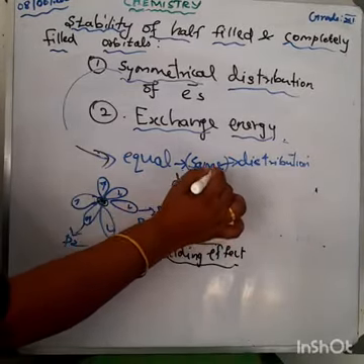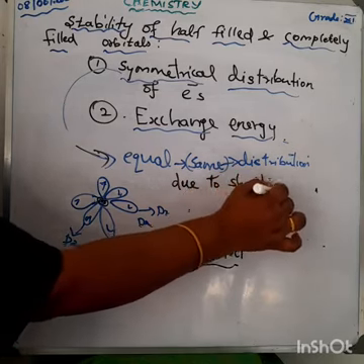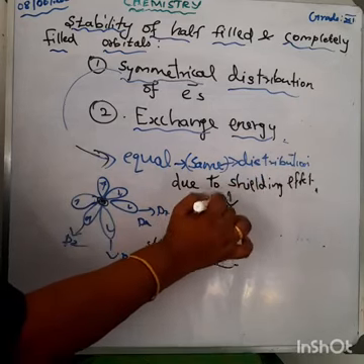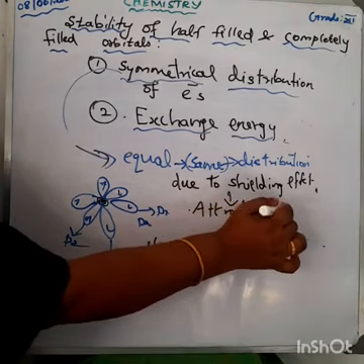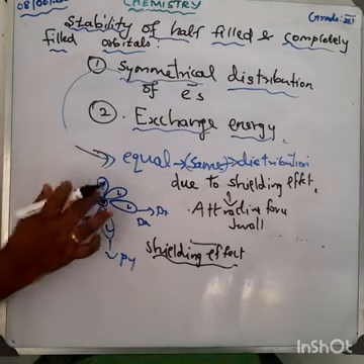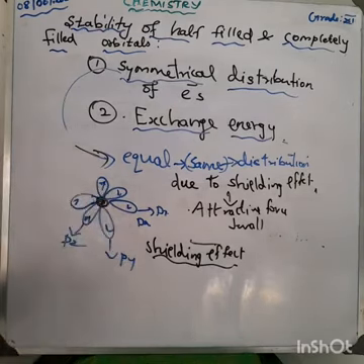That is called the shielding effect, otherwise called the screening effect. But here the electrons are equally distributed in all orbitals, so the attractive force between the outermost electron and the nucleus is very strong, which increases the stability.